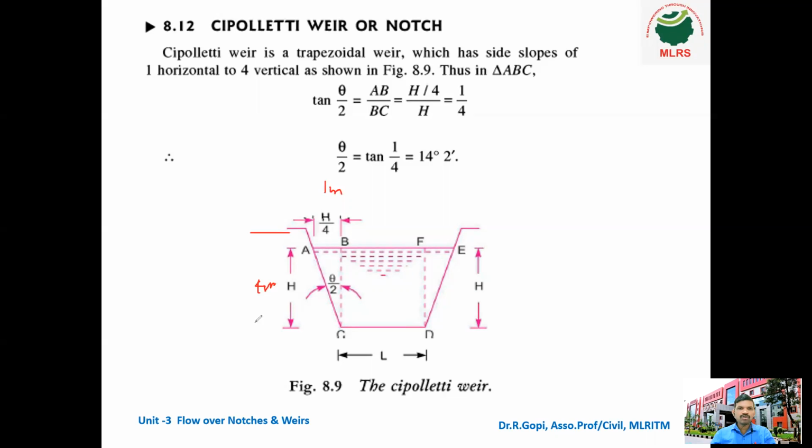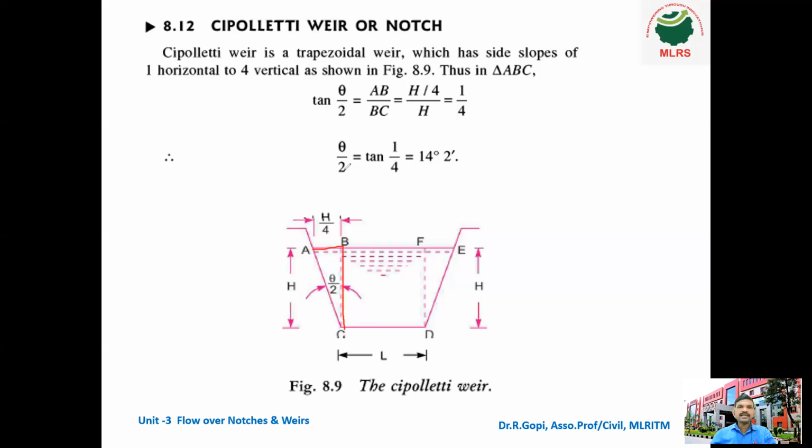Not H, this overall depth. This overall depth is 4 meter. Okay. That is called Cipolletti weir. Cipolletti weir is a trapezoidal weir which has side slope of 1 horizontal and 4 vertical as shown in figure. So this may be asked in a 2 mark question or 3 mark question. So for this, tan theta by 2 is AB divided by BC. Here AB is 1 meter and BC is 4 meter.